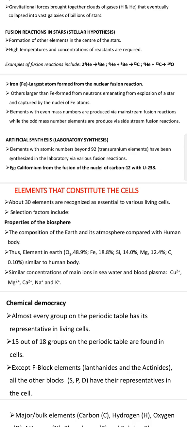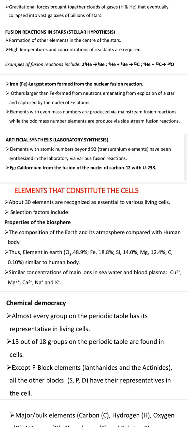So you are looking at how some elements were brought together to produce other elements with the use of stars. And as we know earlier, we produced billions of stars in the Big Bang Theory. So those stars that were produced will help us in the stellar hypothesis.